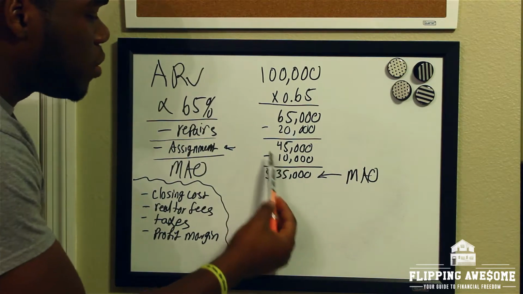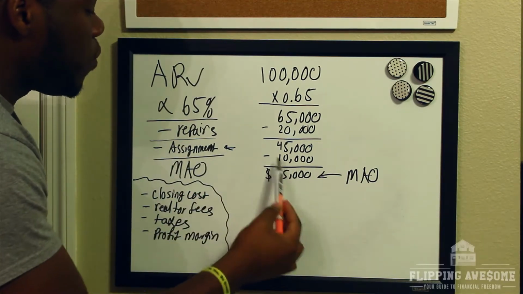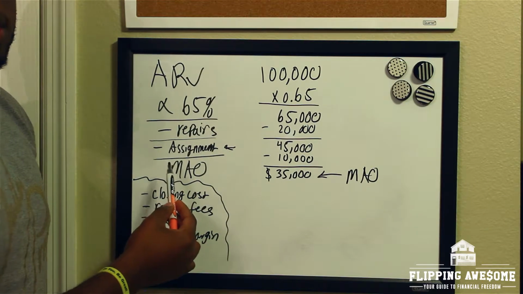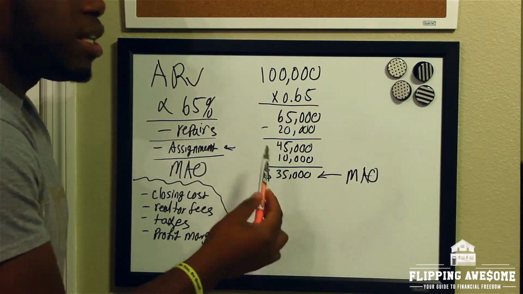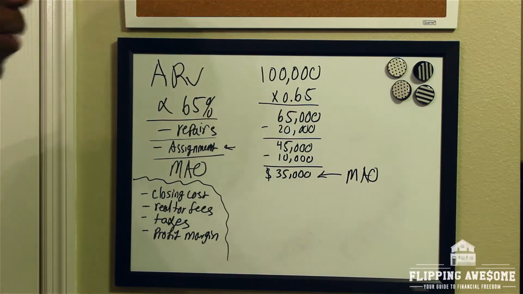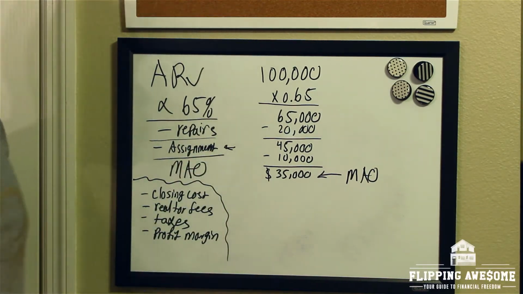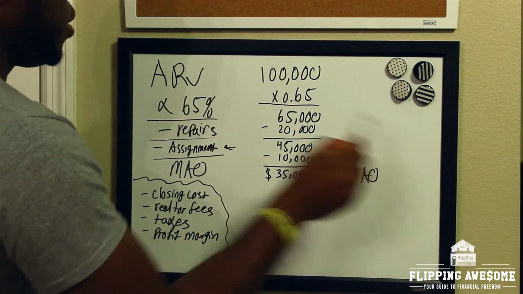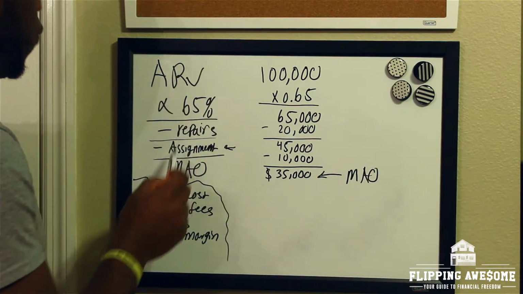You still got 5,000 of your assignment fee. However, if you want to make $10,000, you do not go above 35 grand. Okay. So this is how you find your MAO. And this is the formula here.